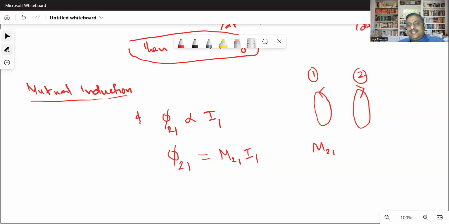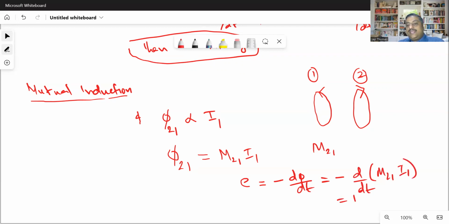Also, we can write the induced EMF in the second coil is minus dφ2 by dt, that is, minus d by dt of M21 into I1. So we can take M21 constant: minus M21 dI1 by dt.